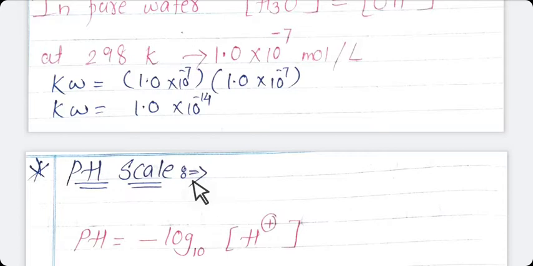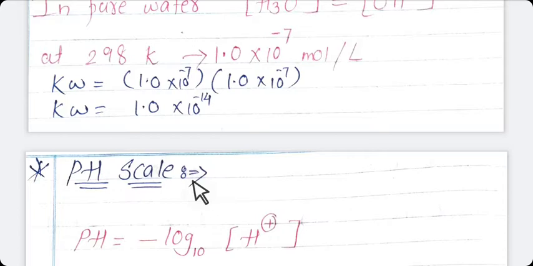So we can define the pH of the solution as the negative logarithm to the base 10 of the concentration of H plus ion in solution in mole per decimeter cube.